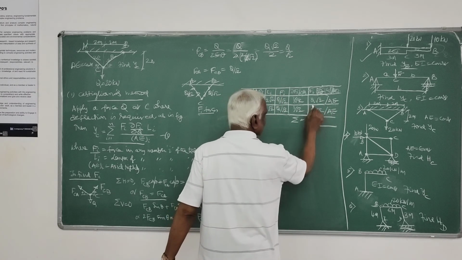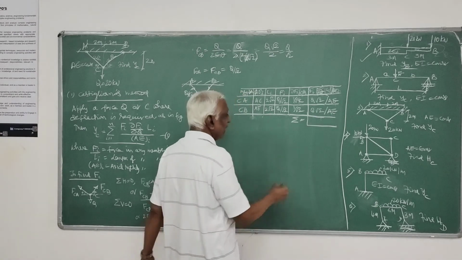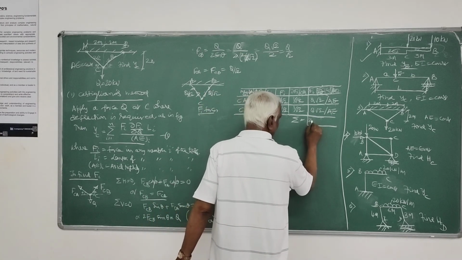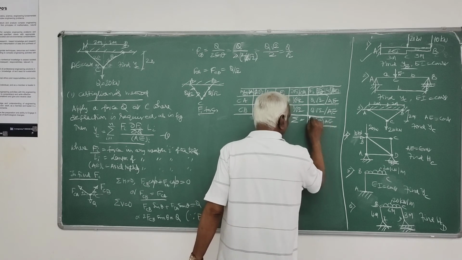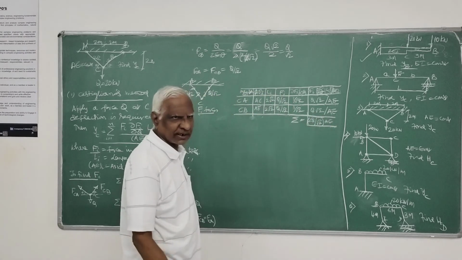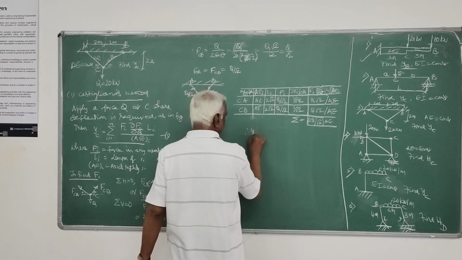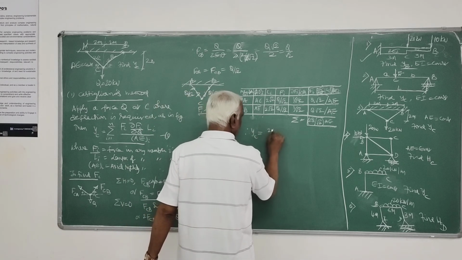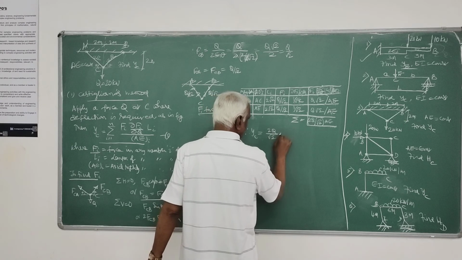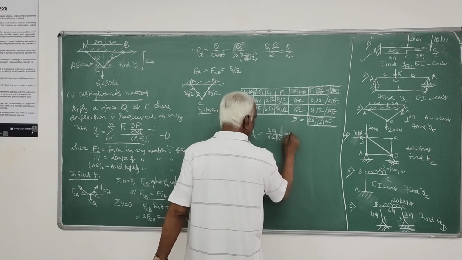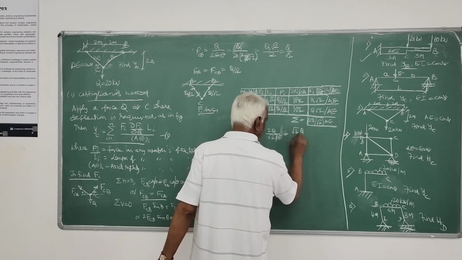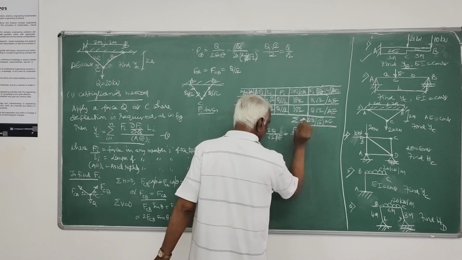This sum is 2Q root 2 by AE, or write that as 2Q by root 2 AE, or this root 2Q. So therefore YC is equal to 2Q by root 2 divided by AE, or this is root 2Q divided by AE.